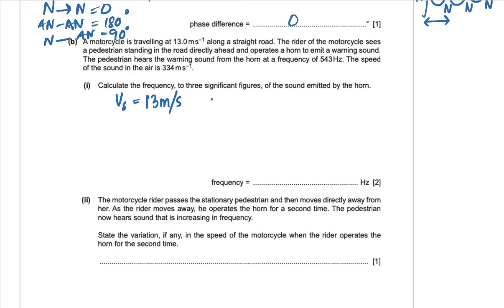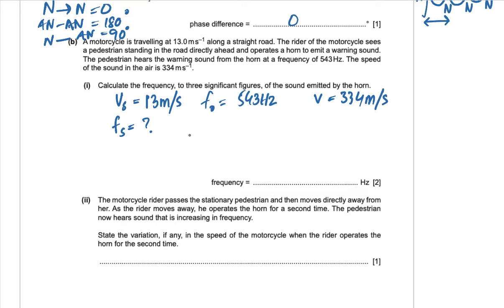So this is going to be the observed frequency, that is the frequency that reaches the ear of that pedestrian, and that is equal to 543 Hz. The speed of sound in air, which is equal to V, is 334 meters per second. The question is asking you to find the frequency of the sound emitted by the horn. So the frequency of the source of the sound is what you need to calculate.